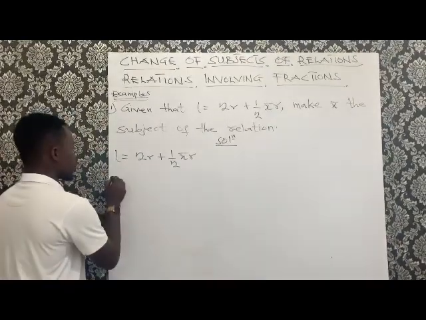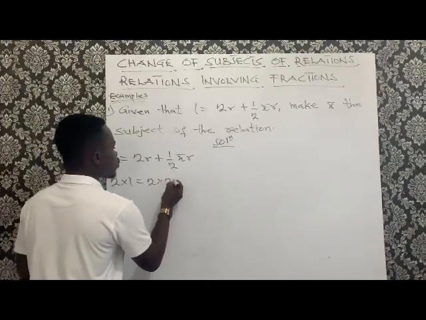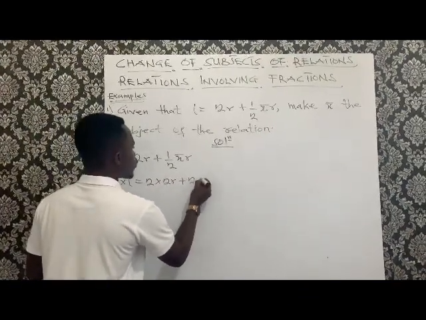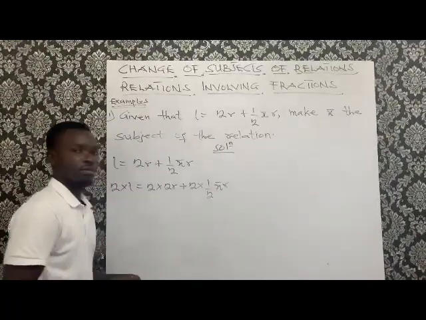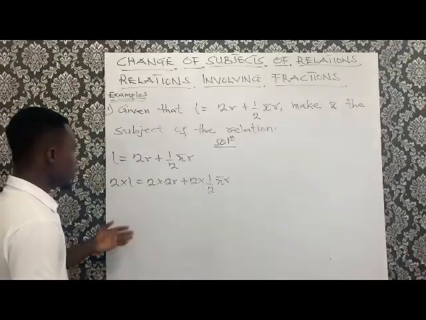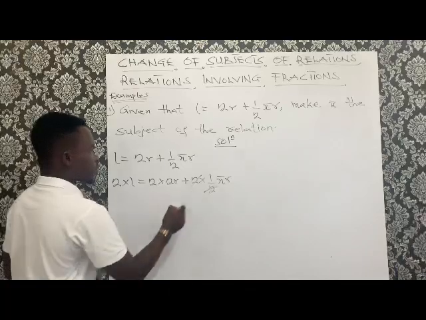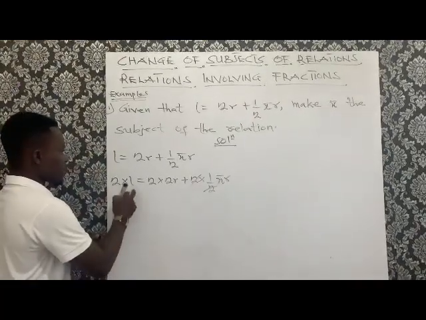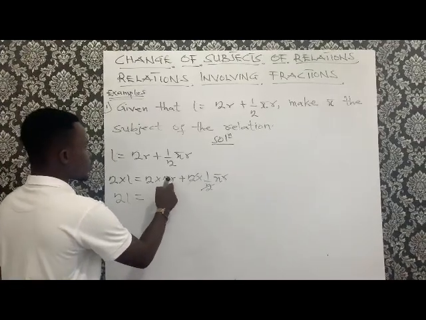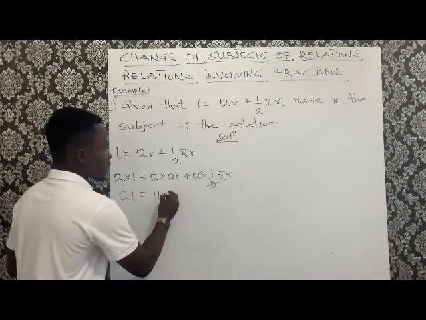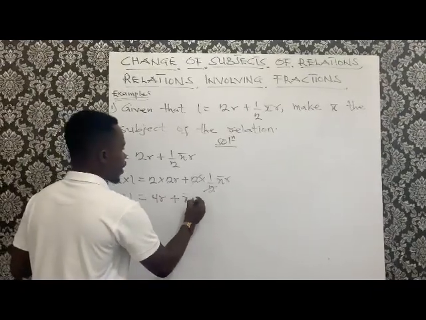So we have 2 times L equals 2 times 2R plus 2 times 1 over 2 power R. Now from here, we see if we can cancel out. 2 cancels 2. So 2 times L gives us 2L equals 2 times 2R gives us 4R plus 1 times power R will give us power R.